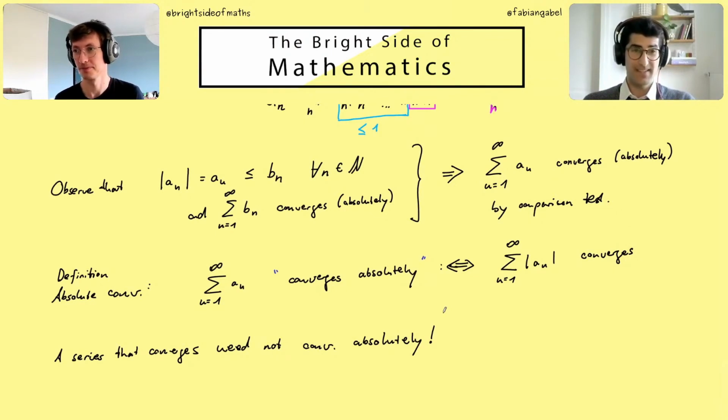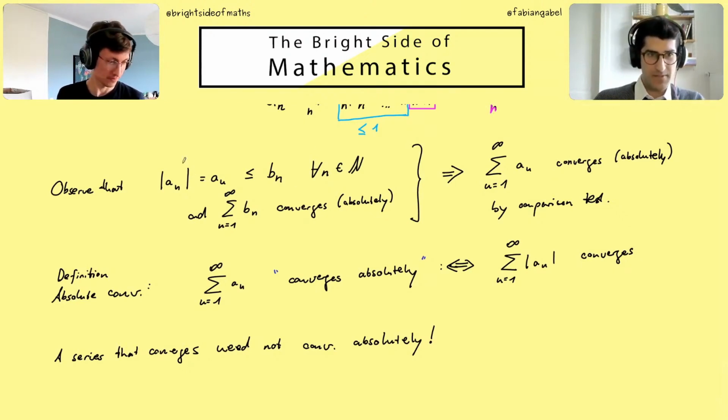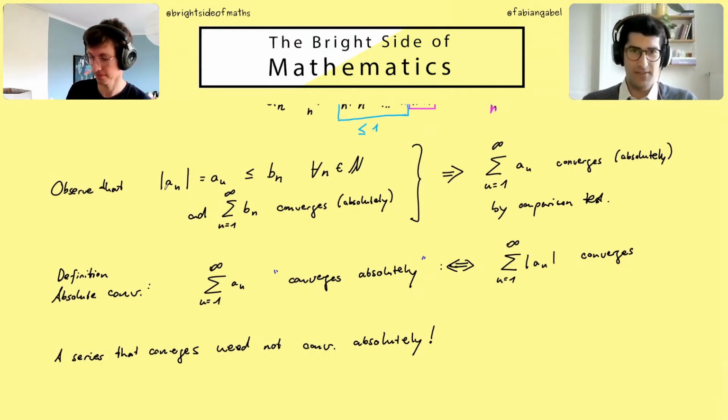That's a very good point, because the comparison always uses a symbol that needs some sort of order, and this order already gets lost once we are in the complex numbers or also in other vector spaces with a norm. So this absolute value gives us something that holds in a far more general setting.